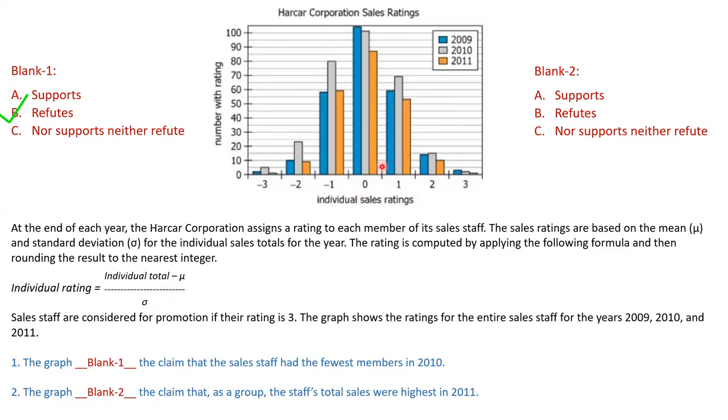So looking at the graph, and you hit the nail on its head, in fact, since we have no idea about the mean and the standard deviation for these individual years, for that reason, looking at this graph, there is no way for us to find out whether the total sales was the highest or even the lowest in 2011. Clear? So, all right.